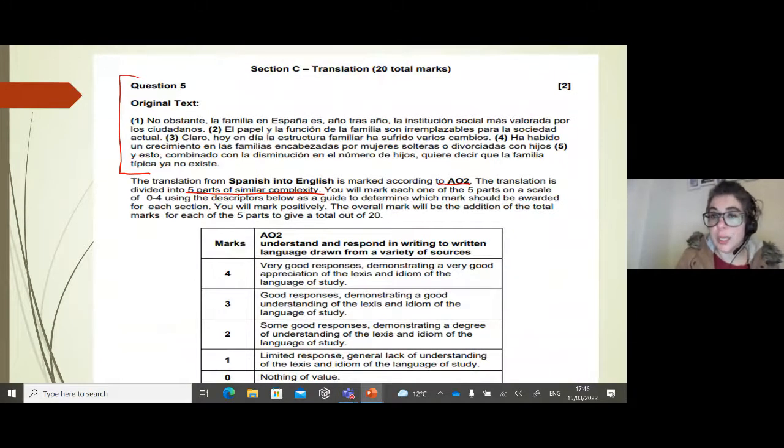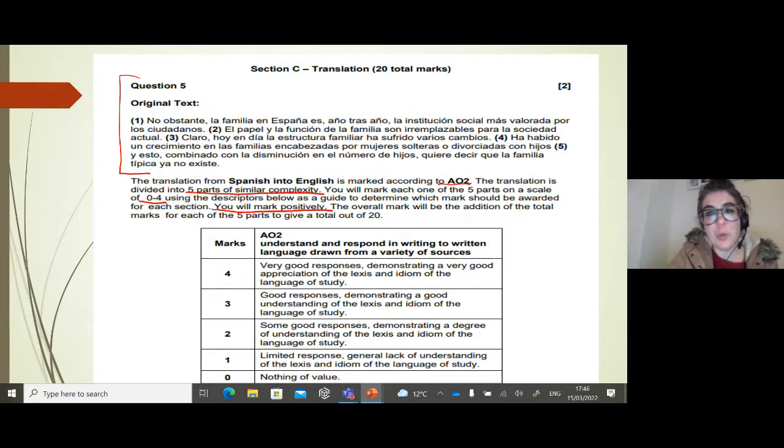You will mark each one of the 5 parts on a scale 0 to 4, using the descriptors below as a guide to determine which mark should be awarded for each section. You will mark positively. This is for the examiner, so make sure that you mark fairly. Don't mark too positively. Leave the examiner to hopefully give you a positive mark.